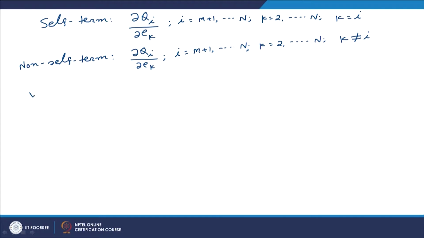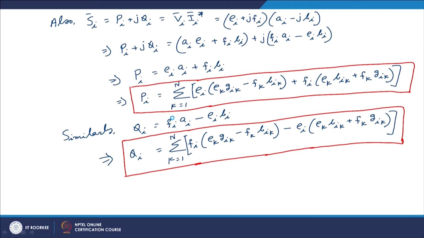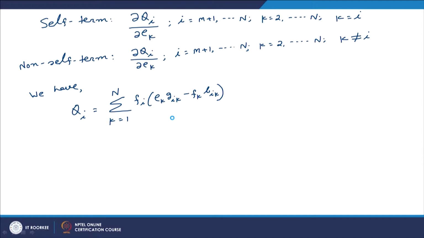So, we have Qi is the sum over k is equal to 1 to n of Fi into Ek Gik minus Fk Bik, minus Ei into Ek Bik plus Fk Gik. So, this is the expression.